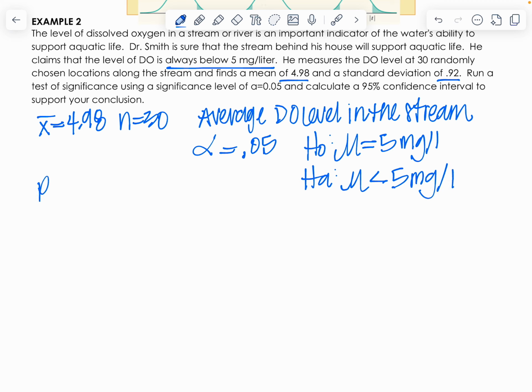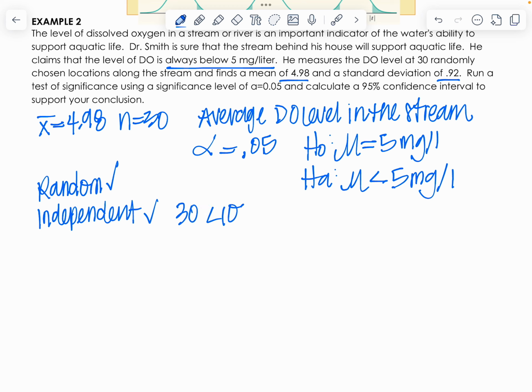All right. He did take a random sample. He did ensure that they are independent trials or samples because 30 spots in the stream is less than 10% of all.